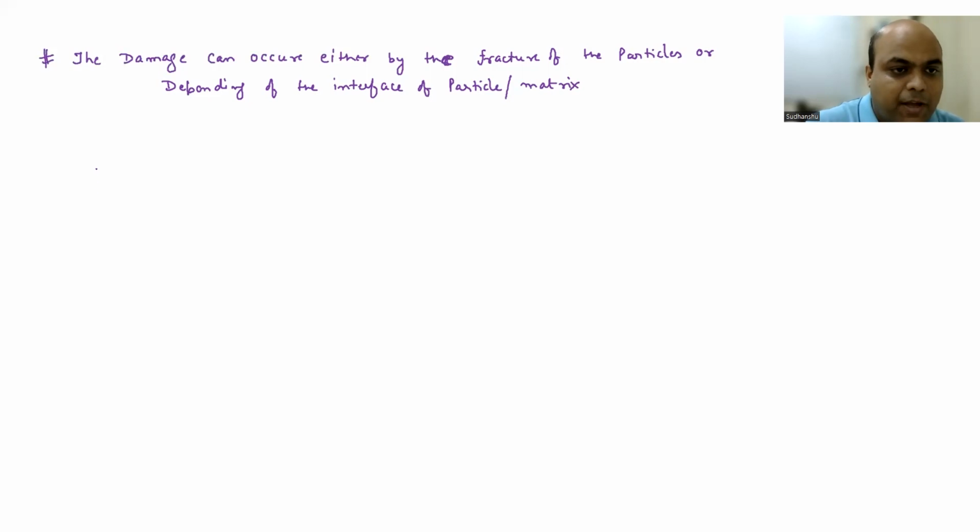Okay, so if you have a composite and say we have particles, so these are your particulate, right? And the white region in that rectangle is the matrix. Okay, so these are your particles. And then you are having load.